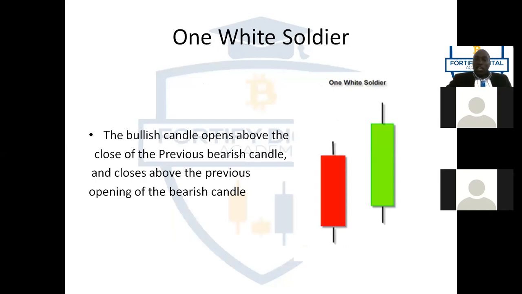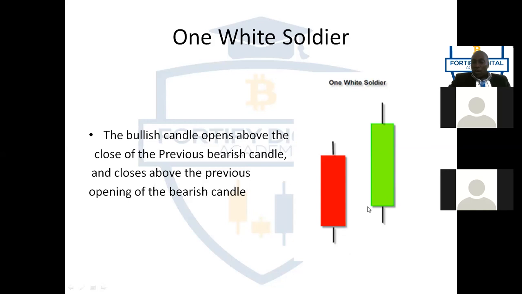One white soldier, the big difference is the price was going down, all of a sudden that bearish candlestick closes there and the current candlestick opens right above, like it jumps or skips to open at a high.